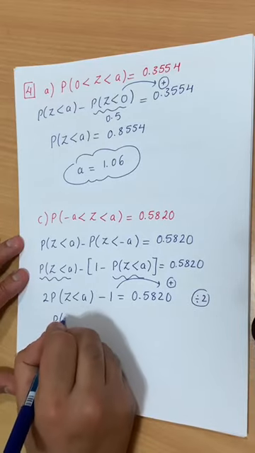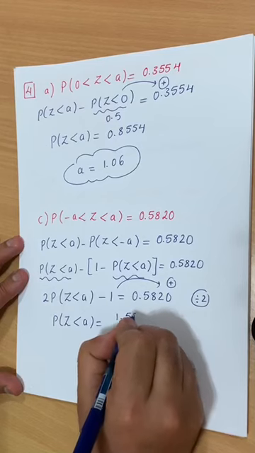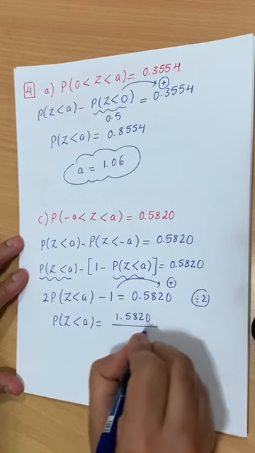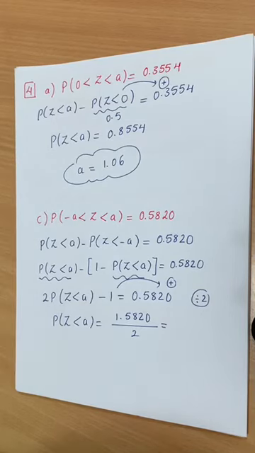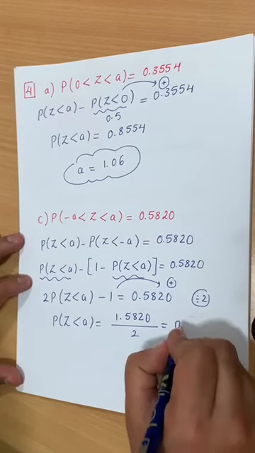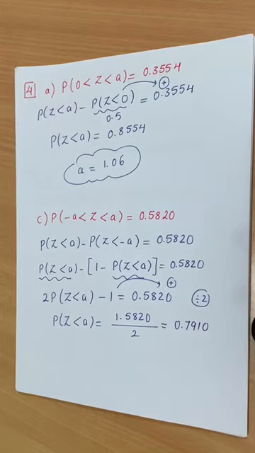So probability of Z less than A is 1.5820 divided by 2. We're going to use the calculator. It's equal to 0.791. And you're supposed to add 0 because all the probability values on the table are 4 decimal places.